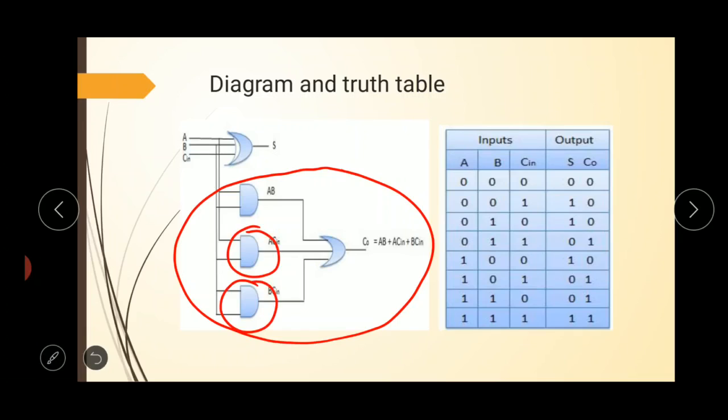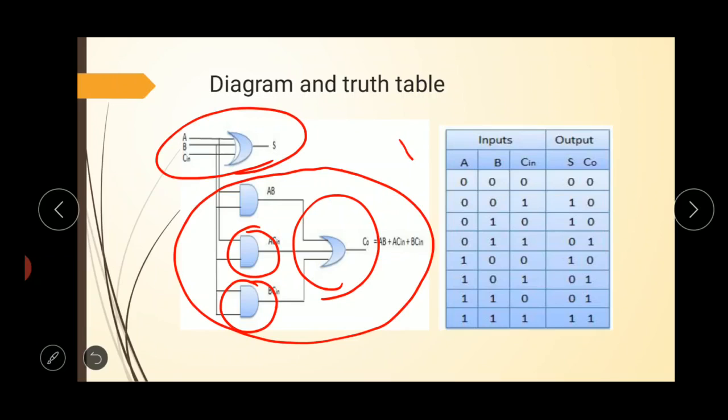Then the 3 terms AB plus BC plus CA are combined using an OR gate, and an XOR gate is used to give the output of sum. And this one is the truth table.